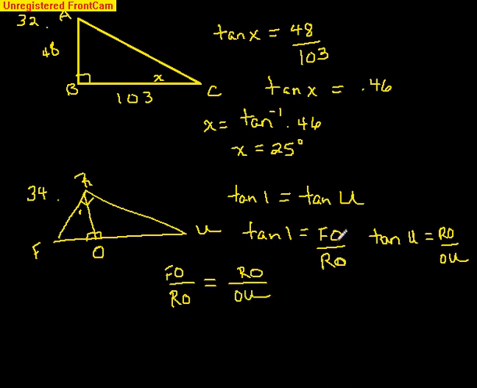And if you look, here's FO over RO and here's RO over OU. So by substitution, we can say the tangent of 1 equals the tangent of U.